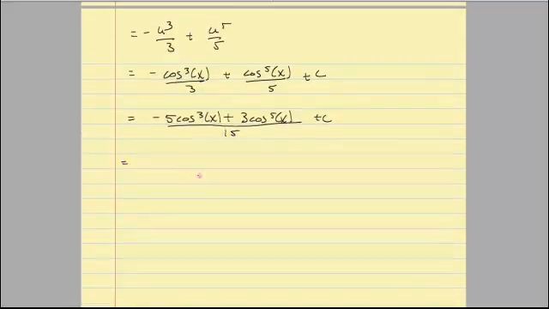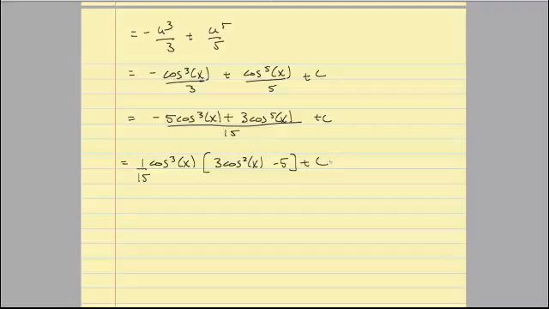And then in terms of simplification, I could pull out a cosine cubed and a 15th. If I do that, I'm left with 3 cosine squared of x minus 5 plus c.